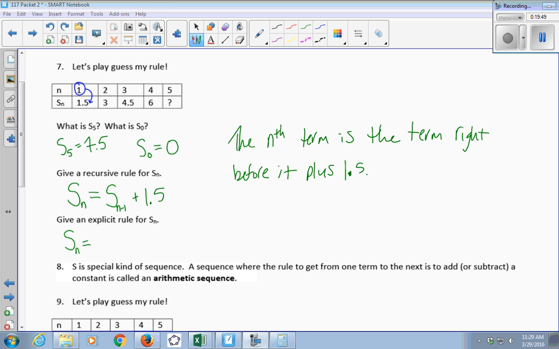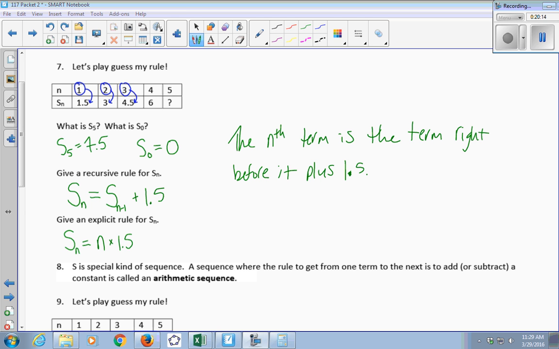Okay, so if I know 1, I have to be able to calculate 1.5. If I know 2, I have to be able to get 3, right? So how are these numbers related? N times 1.5. Great, yeah. So if you take the n term and you multiply by 1.5, right?